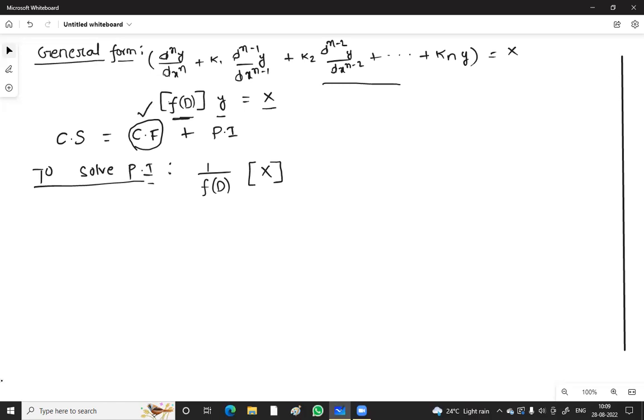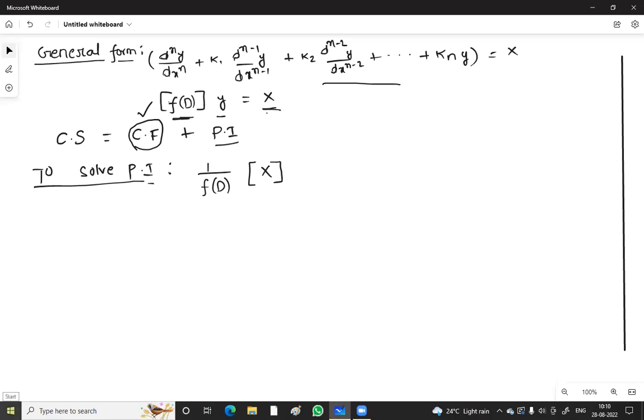But coming to particular integral, you have to operate 1 over f of D on the input. That's why complementary function is called zero input response. Particular integral is called forced response, nothing but external response, because we are giving input externally. That is called capital X.